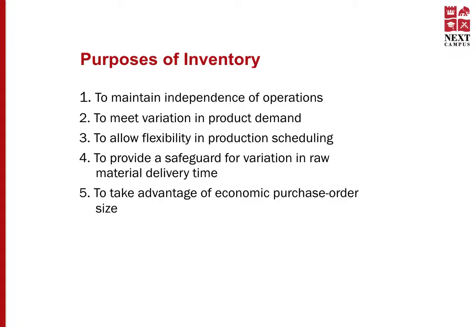Number five is to take advantage of economic purchase order size. Organizations may have to round off supply quantities over and above normal requirements to gain a cost advantage by purchasing minimum order quantities.